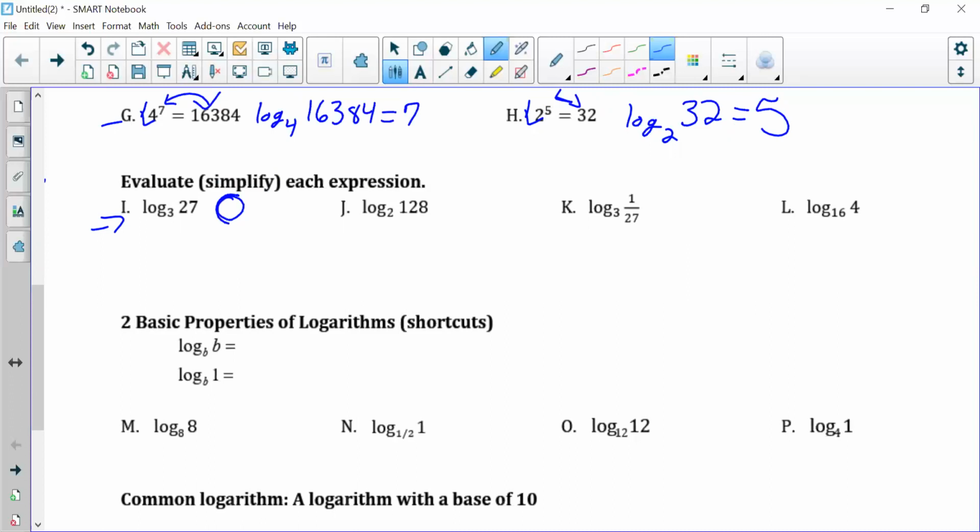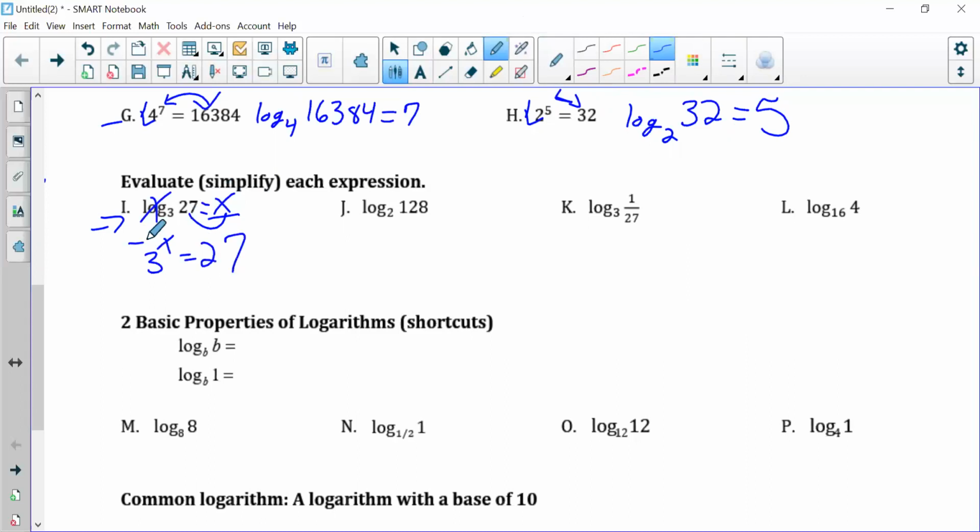I need to have something here on the other side of the equal sign so that I can actually switch them places, right? So we don't know what it equals. So we're going to plug in an x. All right, now we can do this. Remember, switch them places. This becomes an exponent, the log goes away. So 3 to the x power equals 27.